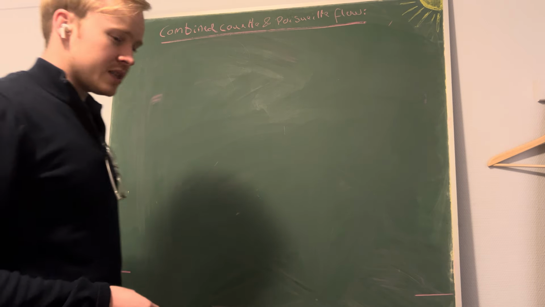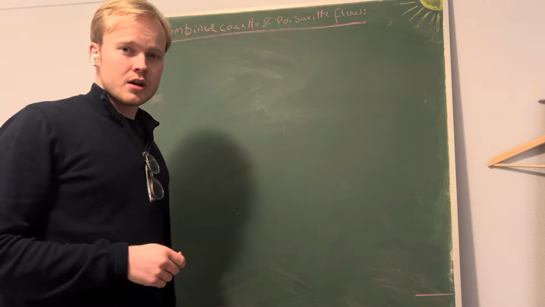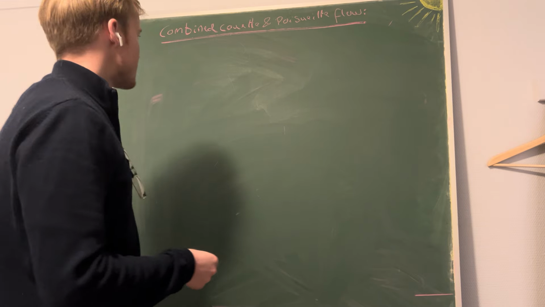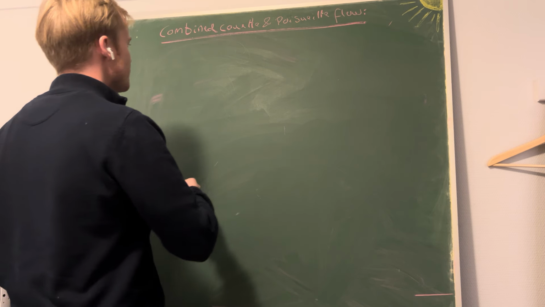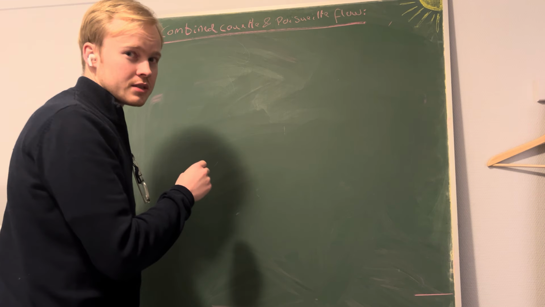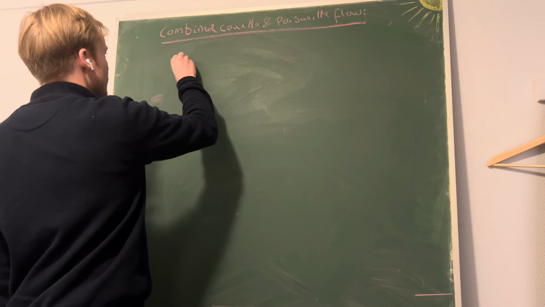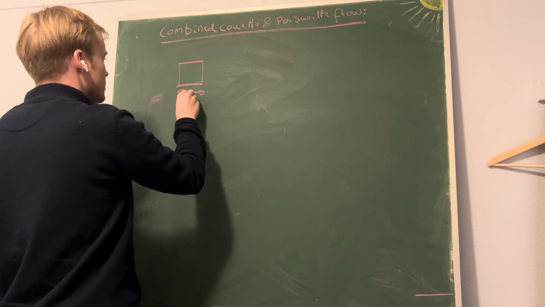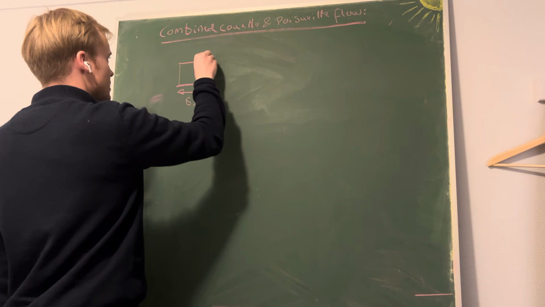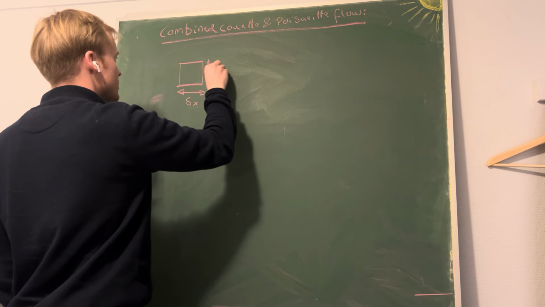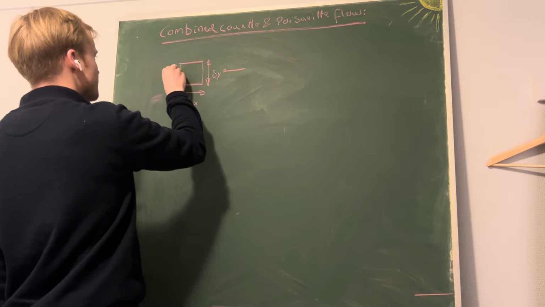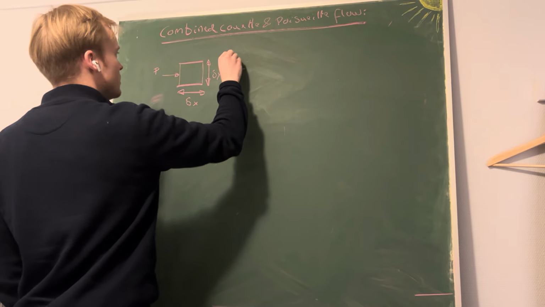So what we basically derived from the last video on the Poiseuille flow was, from the force balance on a very small fluid element like this, delta x and delta y, we had the pressure forces as well.